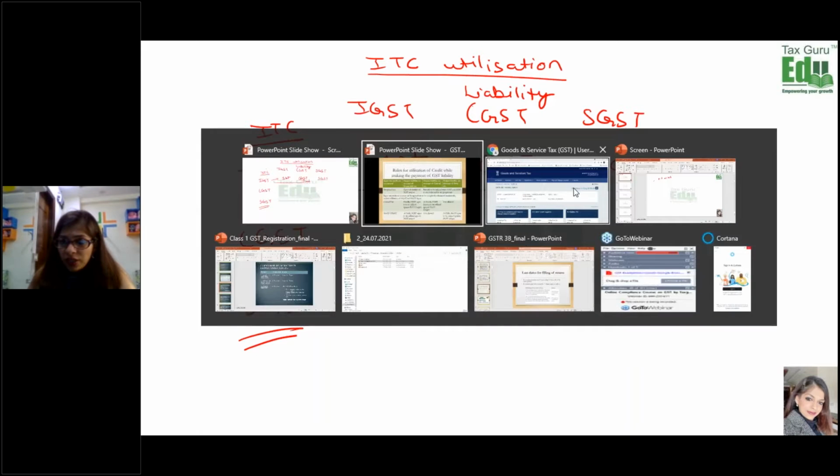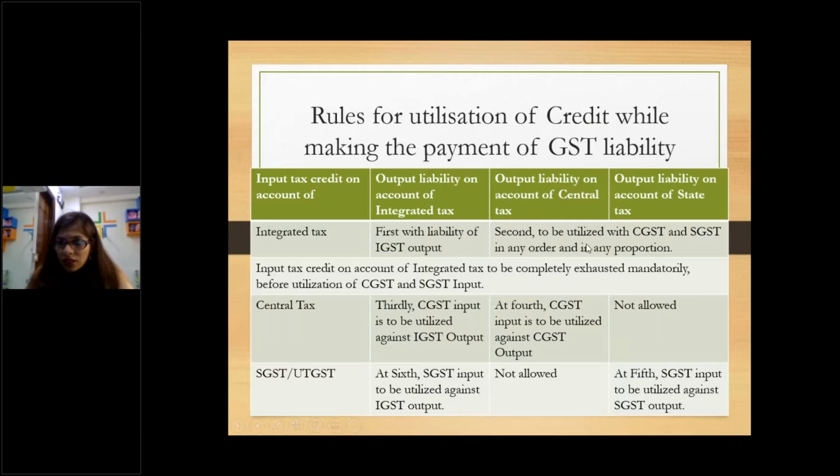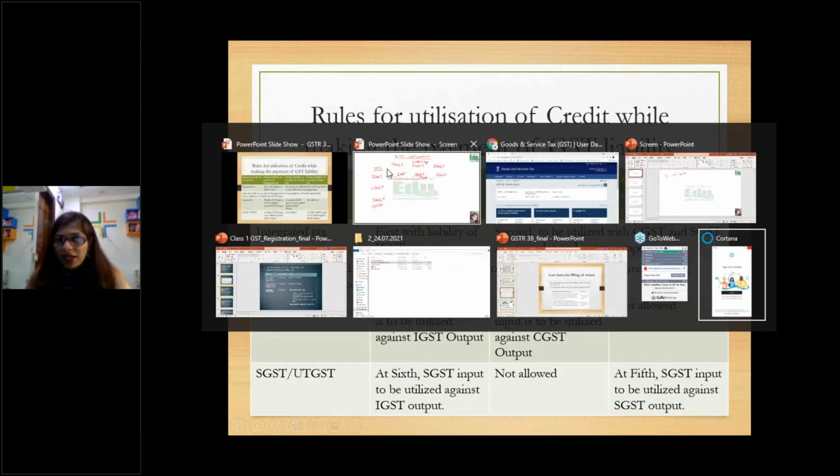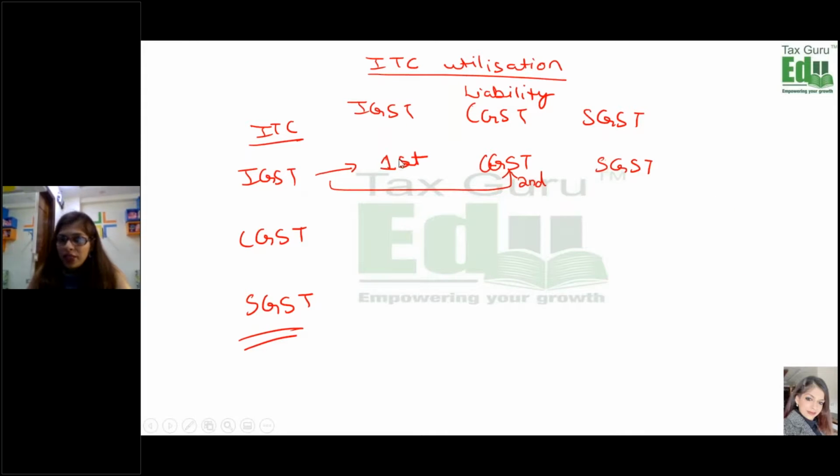Similar thing is mentioned here. First IGST will be utilized for the output liability on account of integrated taxes. First, I'll use IGST ITC into IGST output. If still something is left, I'll use it for CGST and SGST. They both are with the same priority and it's my wish in any proportion.